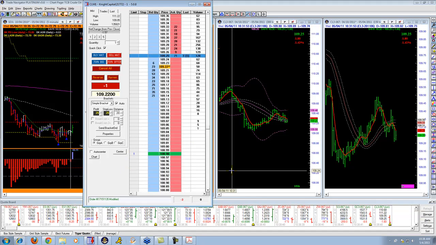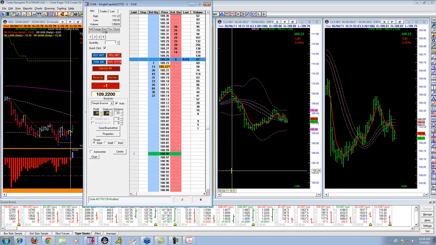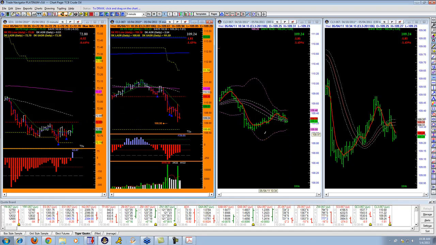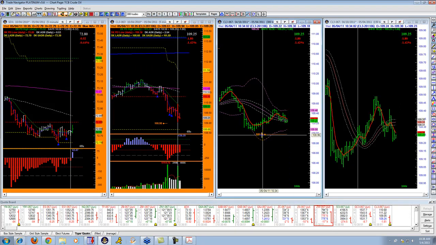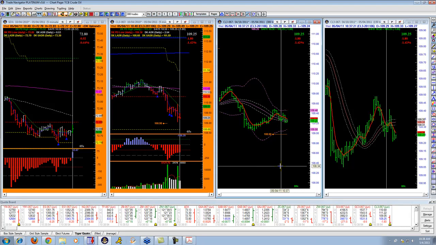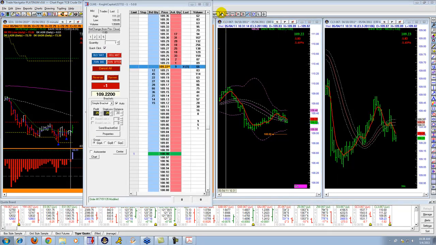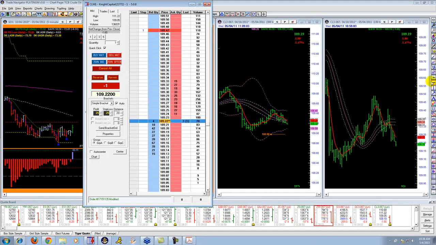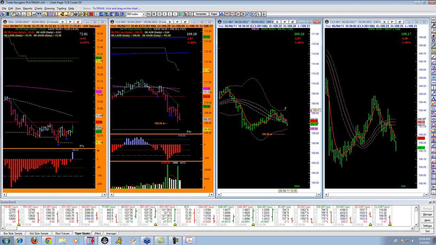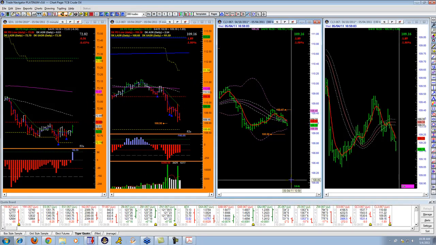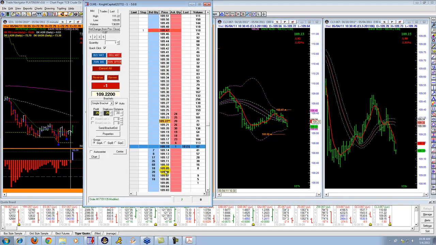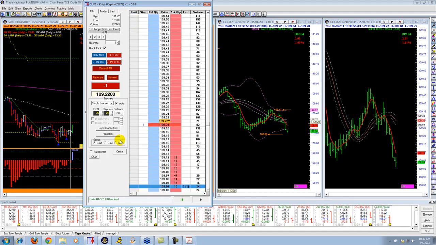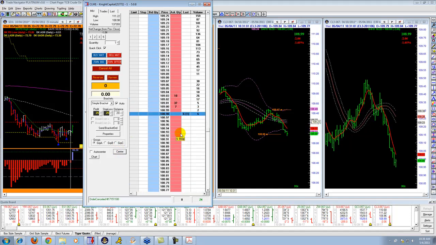Target at 108.98. Stop of 109.47. Go ahead and move to break even here. Out. Plus 24 there.